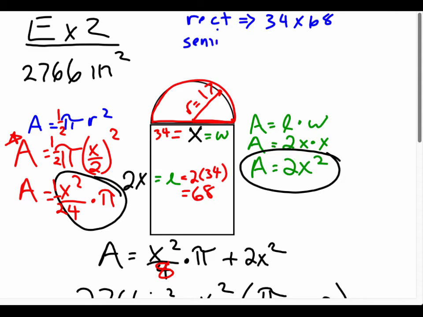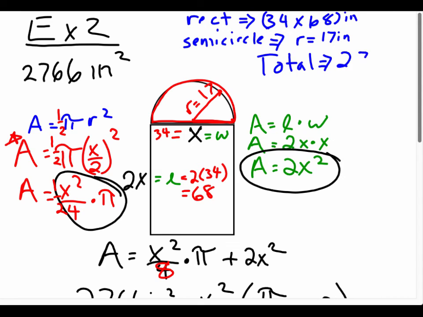Semicircle, semi by definition means half. Semicircle, radius of 17. And then the contractor will know how to construct this. And then we would say total area, 2766 inches squared.